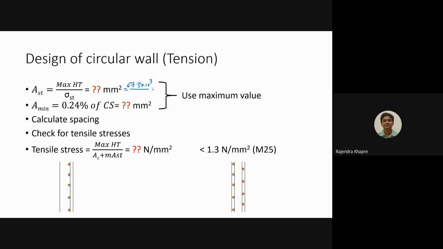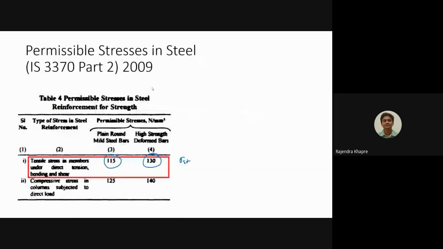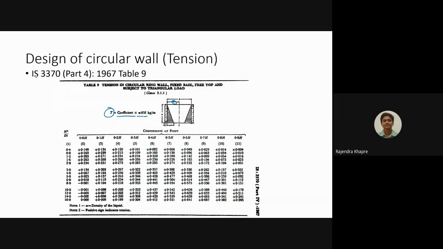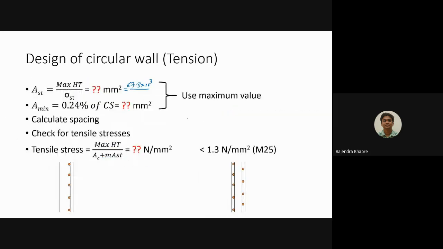If you read the table very carefully, this is column number 2: the tensile stress in member under direct tension, bending and shear. Irrespective of whether it is direct tension, bending tension or shear, you have to take these values. We are using HYSD bar, so the direct tension comes out to be 130 newtons per mm square.